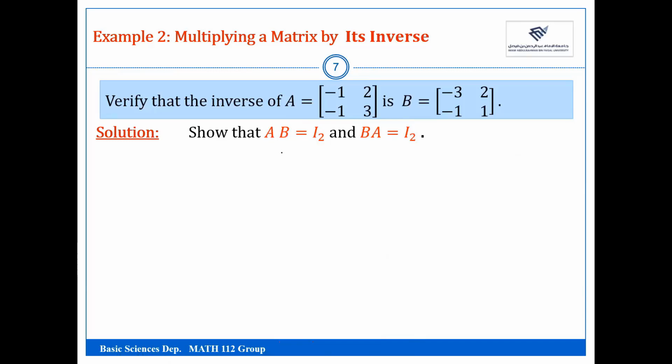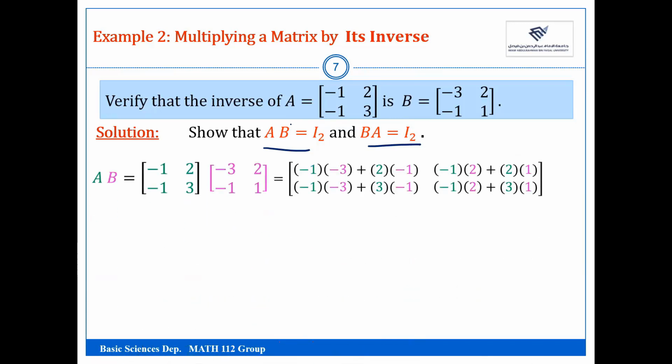So this is what we have to do: just show that AB and BA both are equal to the identity of order 2.